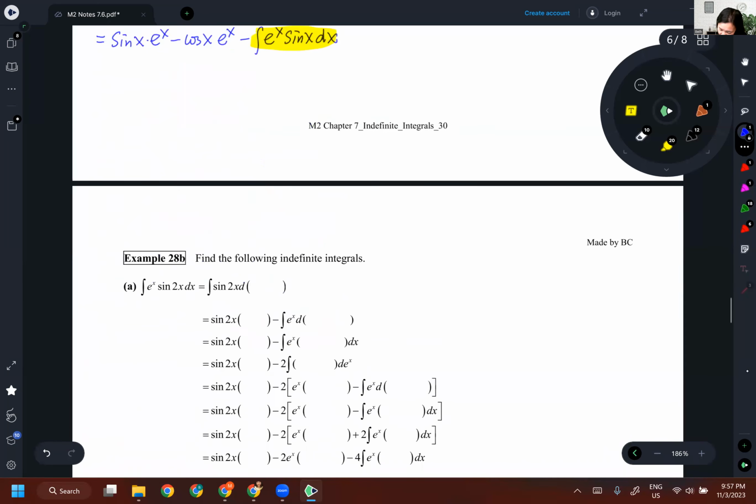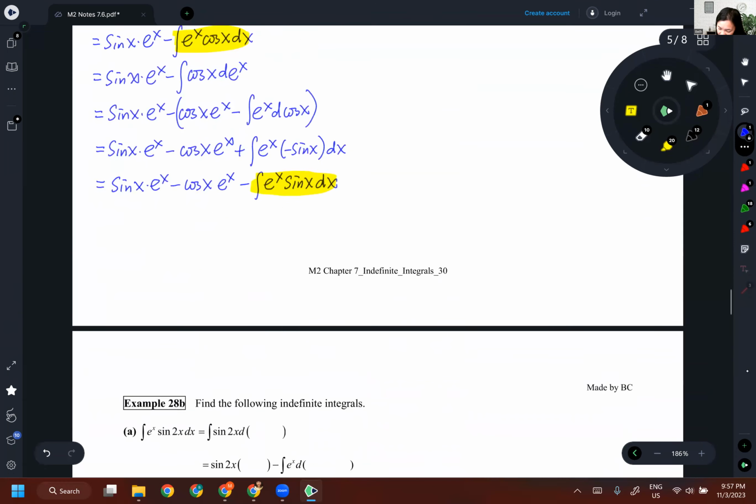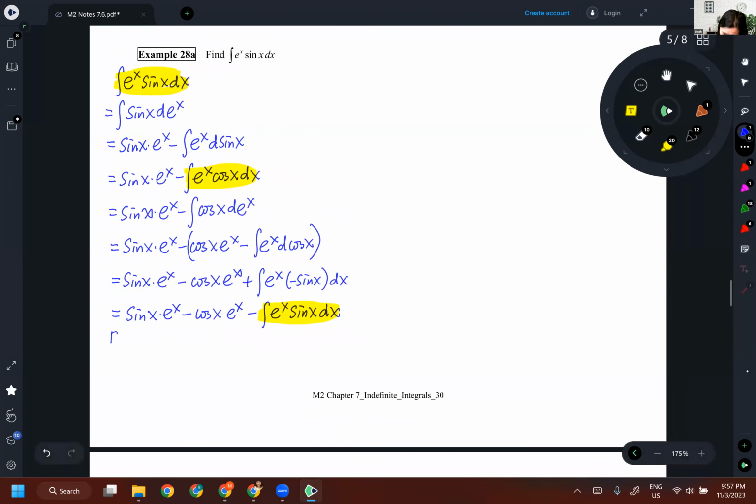What do I write? I write by comparing the terms, I will have twice the integral equal sine x e^x minus cosine x e^x.